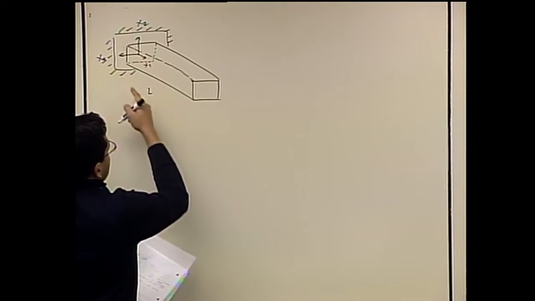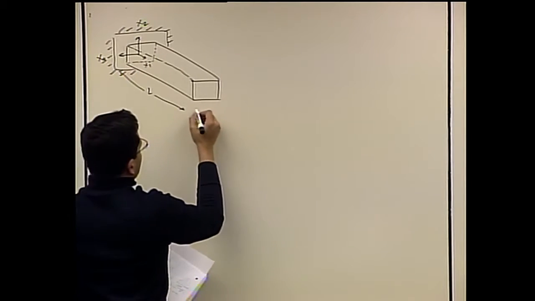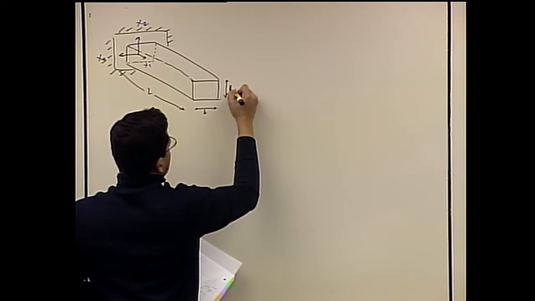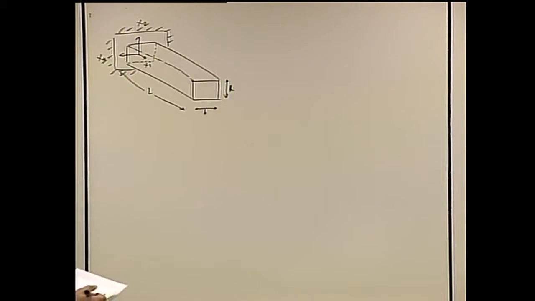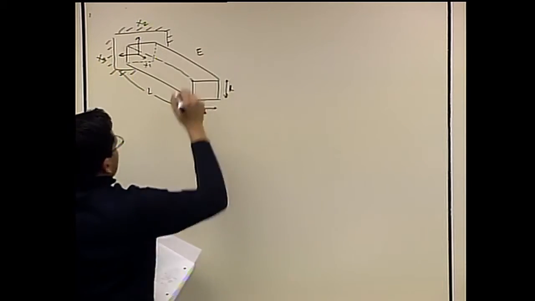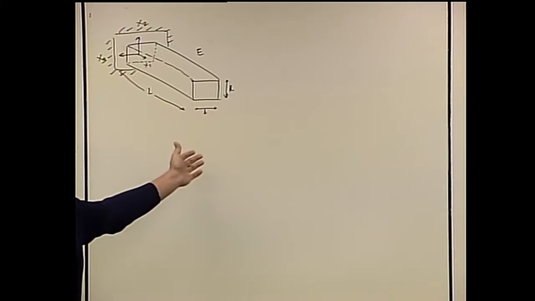Let's say the length of the beam is L, so the span is L, the width of the cross section is B, and the height of the cross section is H. And the modulus E. So it's a rectangular beam. Is there any plane of symmetry? Okay.